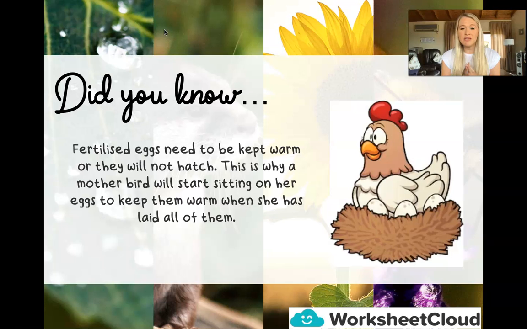The same goes for the chicken eggs that we eat: for the little chicks to hatch out of these eggs, mother hens need to sit on them and keep them nice and warm in order for them to start hatching, right?